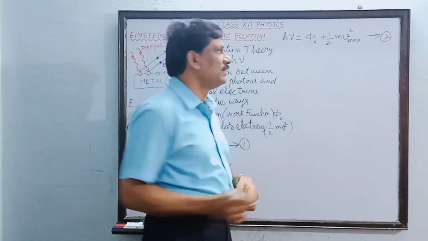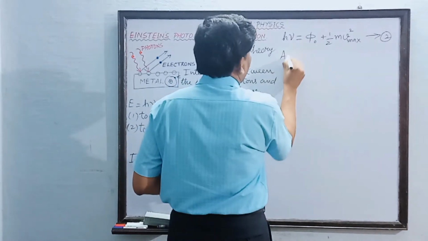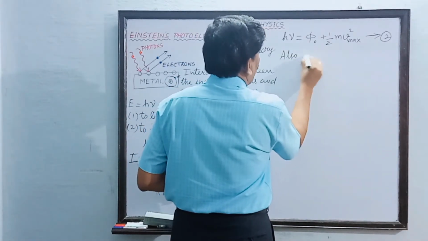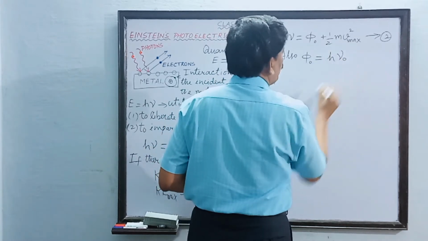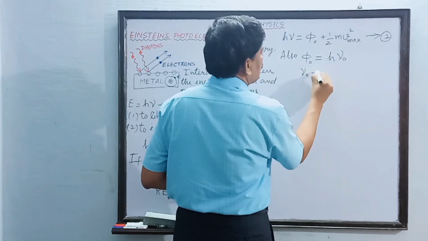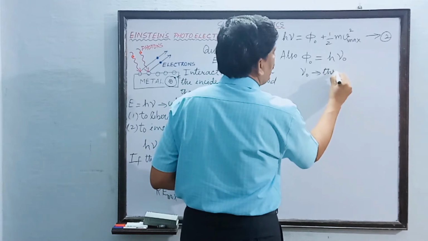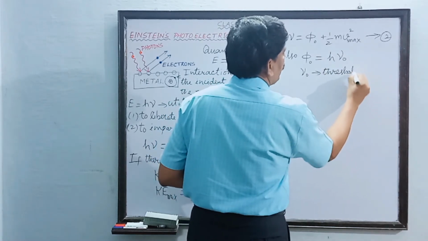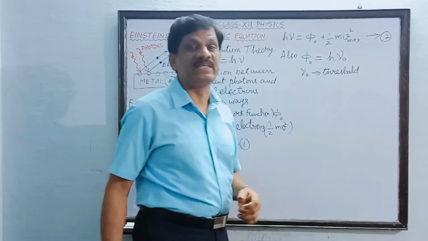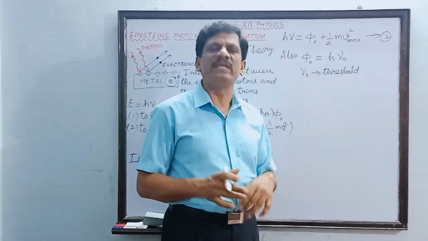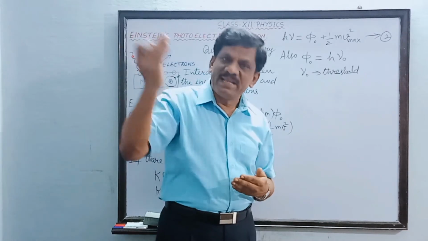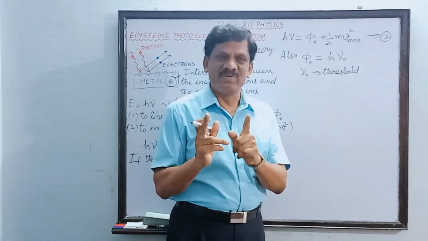Also, my dear students, we have studied that the work function φ₀ is equal to h into ν₀, where ν₀ is called the threshold frequency. Do you remember in the previous class I taught you what is threshold frequency? For the photoelectric effect to take place, the incident energy should have a minimum frequency.